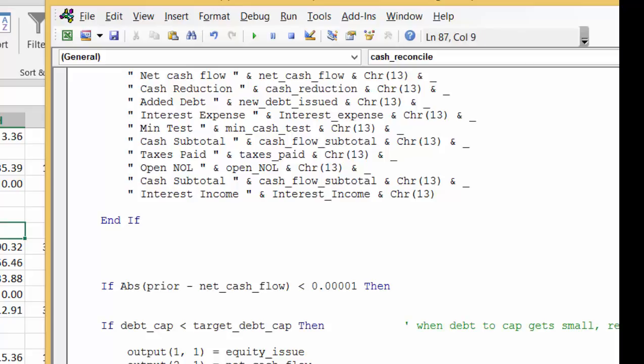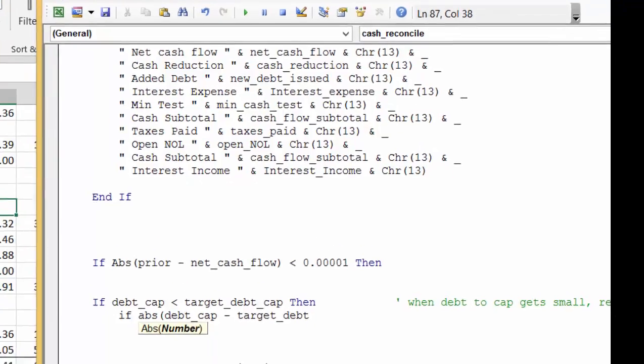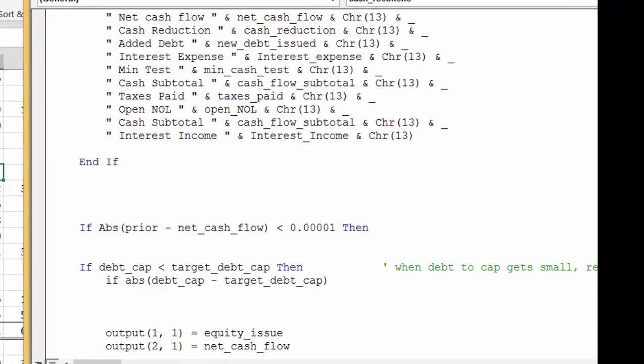And the way we restart is we can first set, if the absolute value of the debt to cap minus the target debt to cap is less than 0.001, then we exit the function.